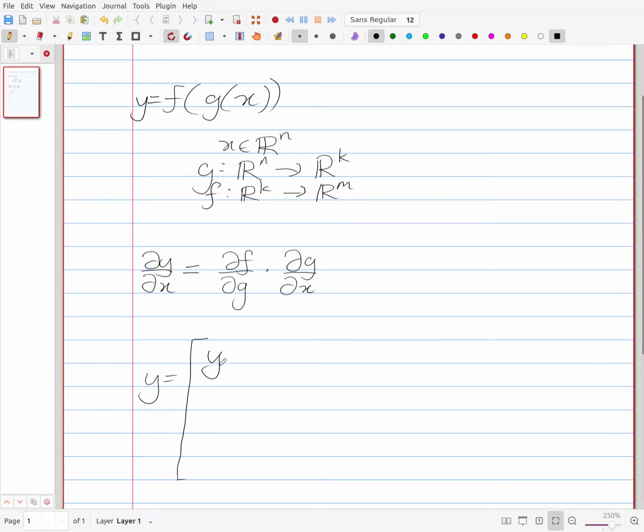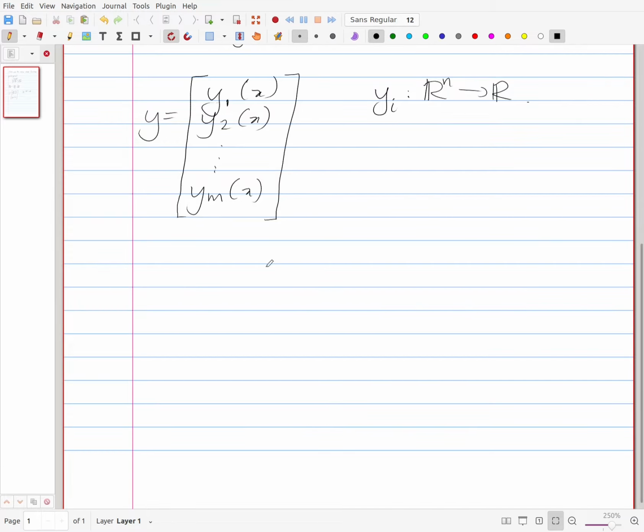So y is going to consist of each of the individual component functions: y1 of x, y2 of x, and so on, where each of these yi's is a function from Rn to R. And the Jacobian matrix is a matrix consisting of the various partial derivatives of each of these component functions with respect to x.